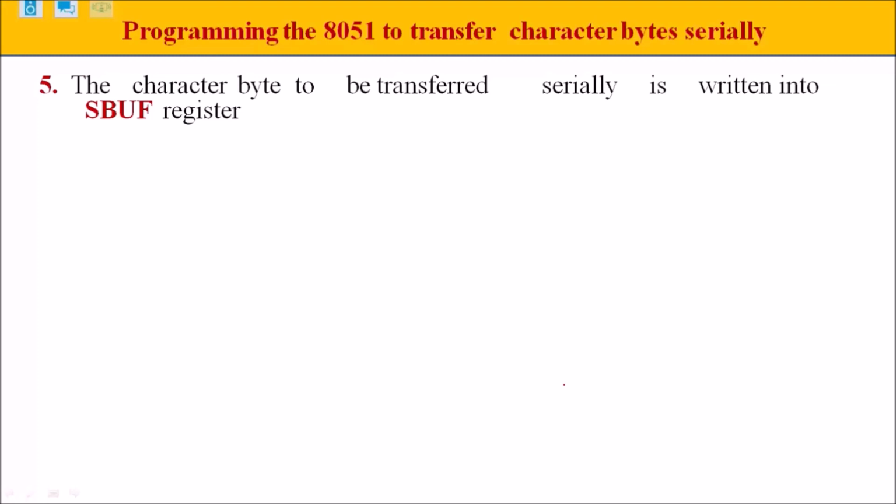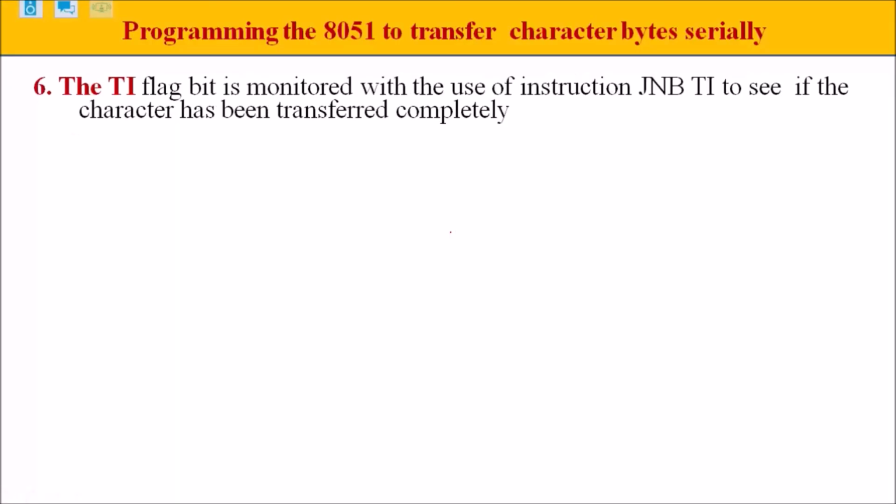So initialization is done. We have initialized the TMOD register. We have initialized the SCON register. We have loaded the count in the timer 1 register. And we have started the timer. The timer has started, the clock has started. Now you can transmit a character. Whatever character we want to transmit, we have to store in the SBUF register.